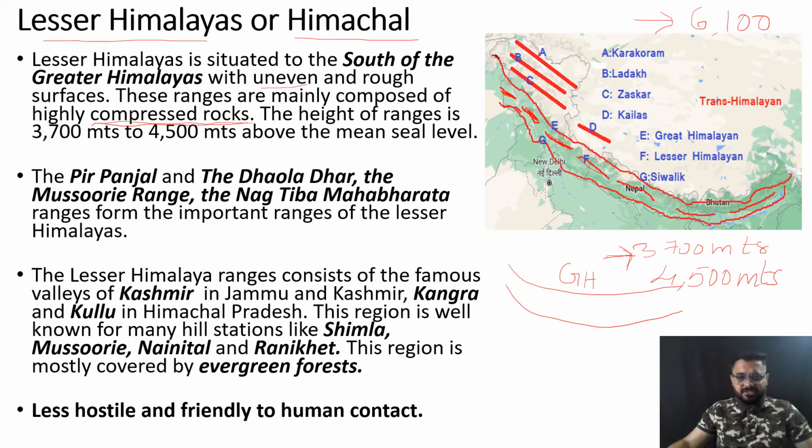So we can assume that as we keep going to the lower levels, the altitude of the mountain ranges keeps decreasing, children. Now, talking about some of the important ranges located in the Lesser Himalayas, make sure to remember the Pir Panjal Range, the Dhauladhar Range, the Mussoorie Range, the Nag Tibba, and the Mahabharat ranges. Don't worry about the places. I'm going to cover another topic about how to locate these places on the map.